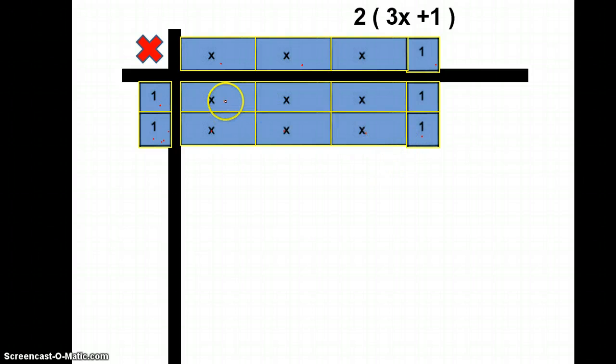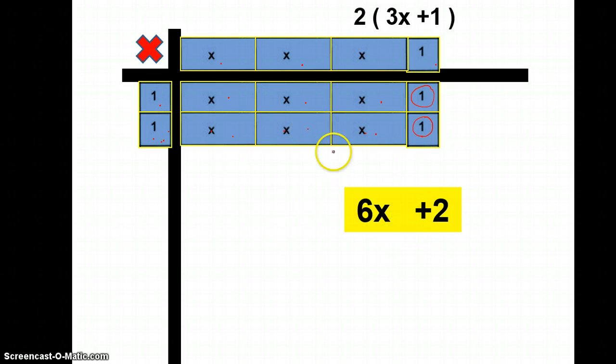And so I'm left with, as I count up, 6 x's and 2 units. All right, so that's just the distributive property. Again, I just want to start off really simple. You could have used just the distributive property to figure this out, but I want to use the algebra tiles to kind of ease you into the process of multiplying polynomials.